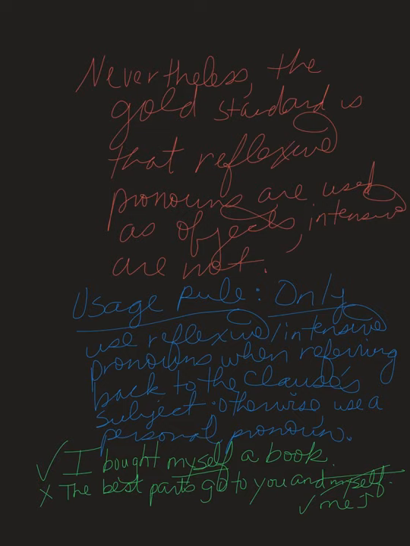The subject of this clause is parts. Myself does not rename parts. Therefore, we do not use a reflexive pronoun here. Instead, we would correctly use a personal pronoun. Here, we would use the word me. The best parts go to you and me.